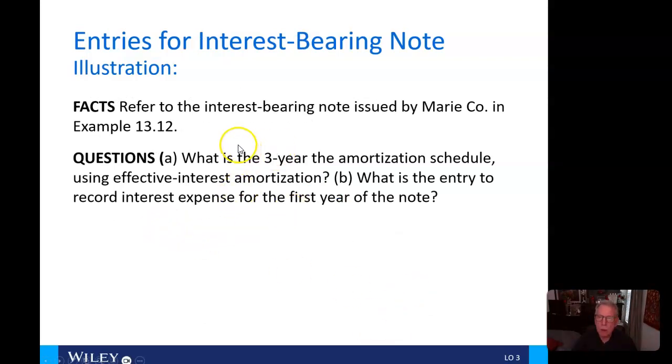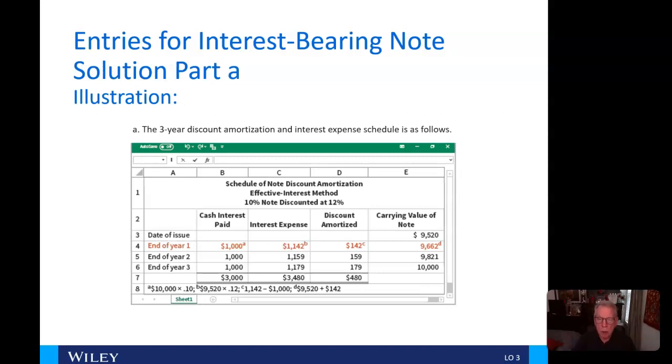So now, if we refer back to that, what would be alpha? What would be the 3-year amortization schedule using the effective interest method? And bravo, what is the entry to record the interest expense for the first year of the note? Going back to our trusty Excel spreadsheet here, we start with the carrying value of the note.